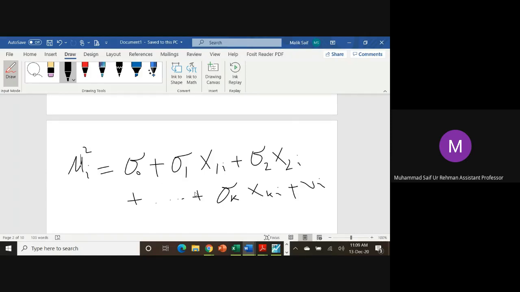If there is some relationship, then we will say that there is an issue of heteroscedasticity. And if there is no relationship between the explanatory variables and the residuals, it means there is no issue of heteroscedasticity. So let us see how this Breusch-Pagan test works.